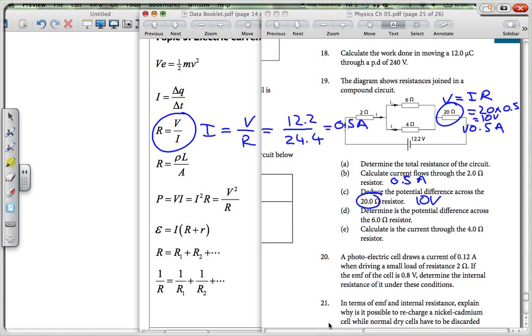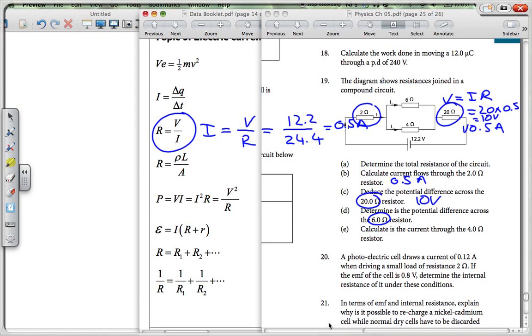Determine the potential difference across the 6 ohm resistor. Now, with this, there are different ways that we can work this out. We can look at it from the point of view of seeing what is the potential difference across the 2 ohm resistor.